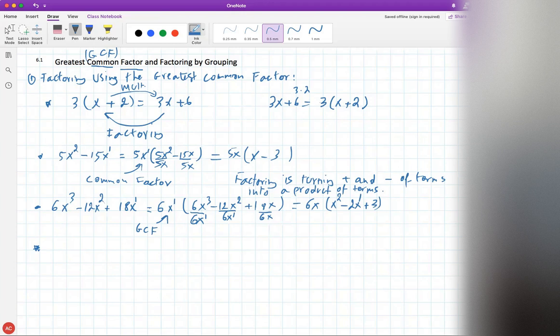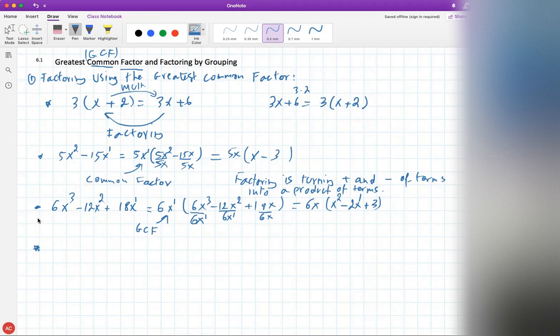The next 3 or 4 classes, maybe 5 classes, will be based on factoring. In order to solve a lot of other things, we're going to be using factoring. 80% of the work will be factoring, and then the last step or 2 will be doing something else. We're always going to be factoring first. Factor whatever expression, then solve or simplify or multiply, whatever the problem might be.